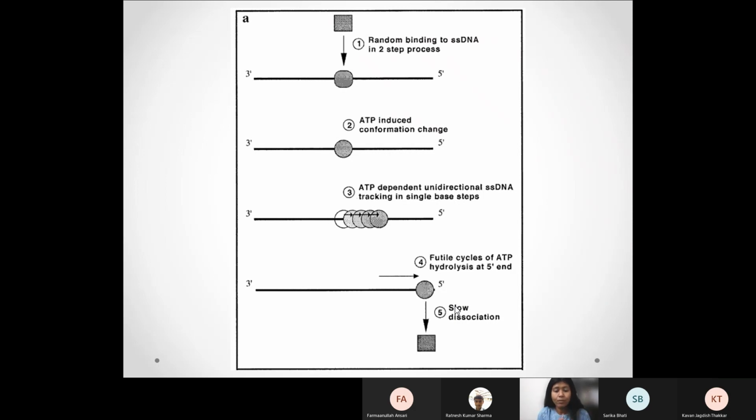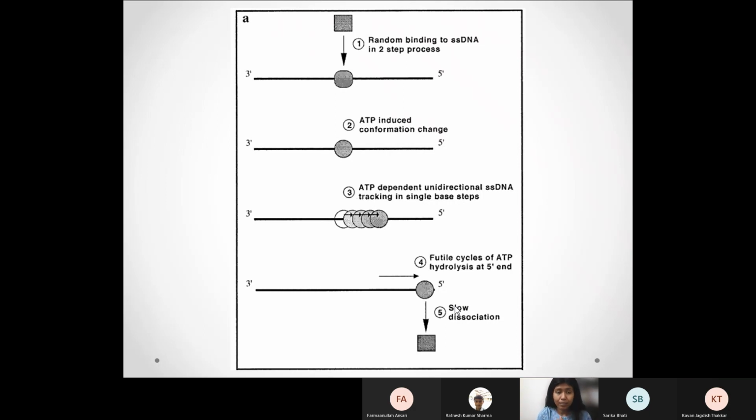So if you think of a similar analogy, one is that the helicase can reach the 5' end and fall off. The other is that the helicase has reached the 5' end and doesn't fall off, but it stays. If it stays, it may still be able to hydrolyze ATP.